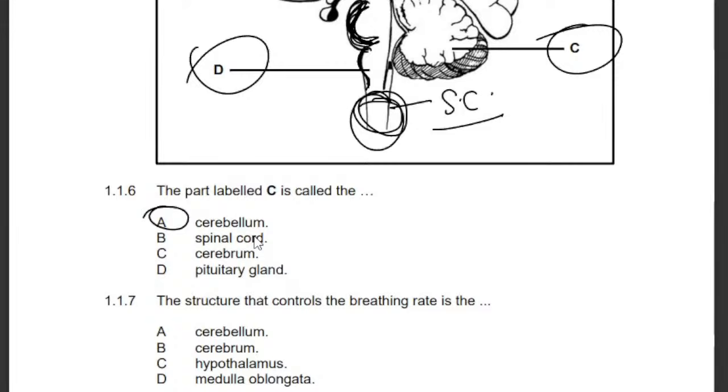Why? Because you don't have control over the initial breathing rate. Yes, someone can say that I can stop breathing and continue breathing. But when you are sleeping, you don't have control over your breathing. Therefore, the answer is medulla oblongata. Therefore, you get 2 marks there and also get 2 marks there.